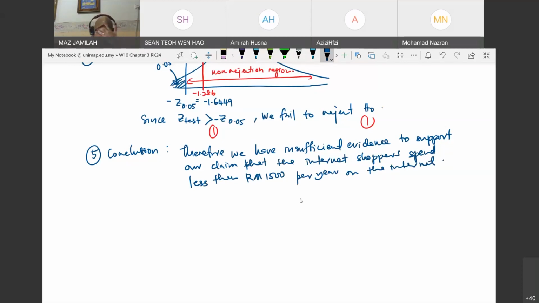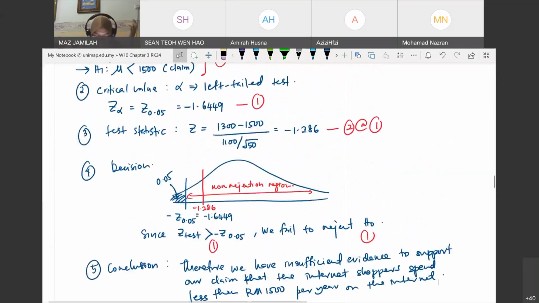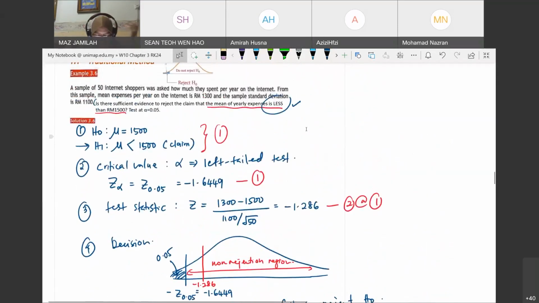Okay, here class, that will be the example if you have a left tail test.